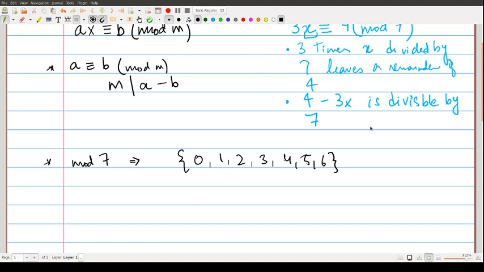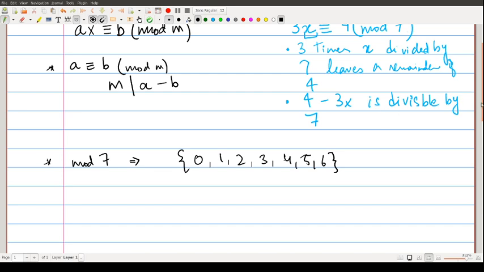Any bigger or smaller numbers can be reduced to these just by dividing by 7 and finding the remainder. So there are no other possibilities for x. So x can be one of these, or there's no solution, right? For a small m, you can just try out all these values and check whether they form a solution or not.